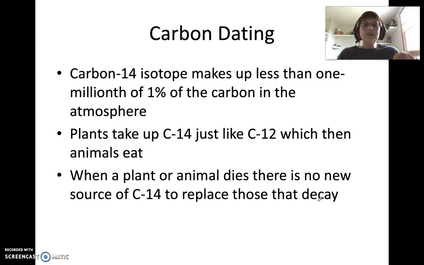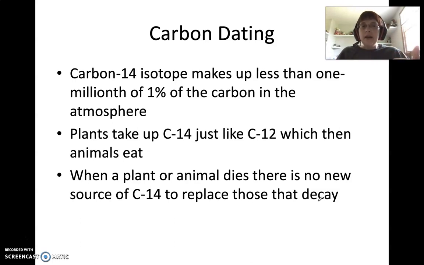When the plant or animal dies, however, there's no new source of carbon-14 to replace any that decay. So if you think about it, as you're living, you're continually consuming carbon from your food sources. You're continually getting new carbon-14 to replace any that is going to break down in radioactive decay.